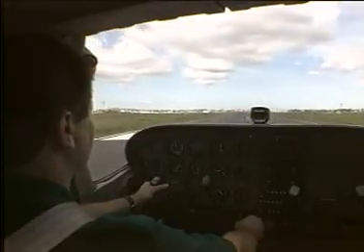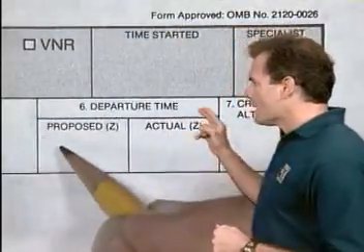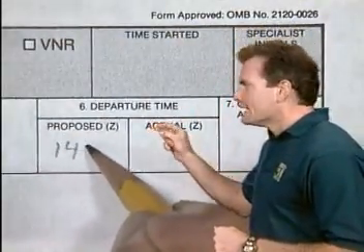But if you weren't able to call a flight service station on the radio after you're airborne, you could tell the flight service station that you're sure that you will take off at the proposed time, and they will enter that as an assumed departure time. For our purposes today, put 1400 in the proposed block since we want to depart at 0700 and the conversion to Zulu is +7 in this example.